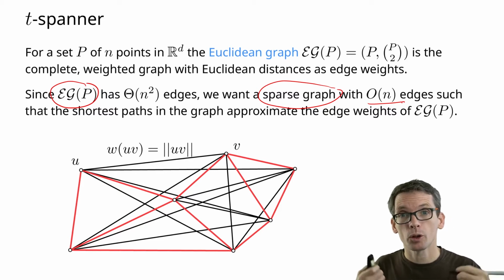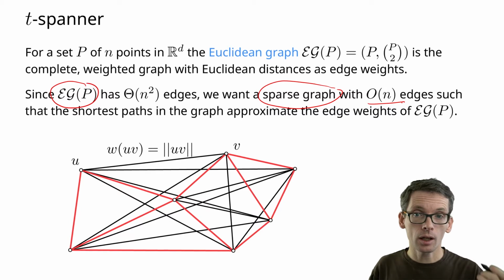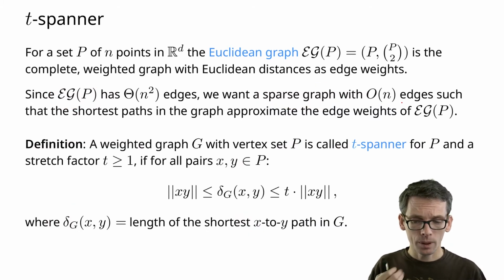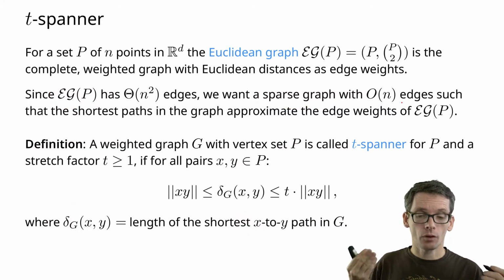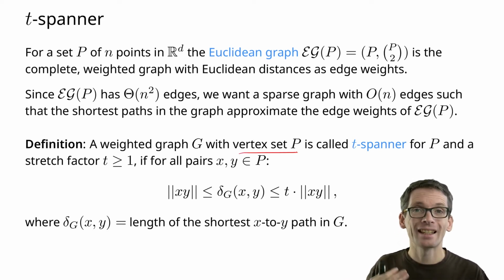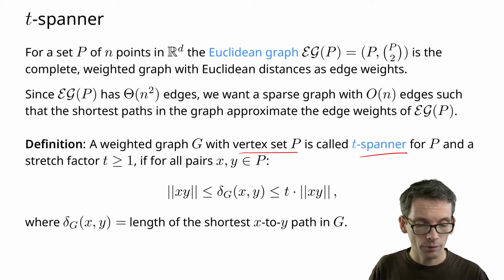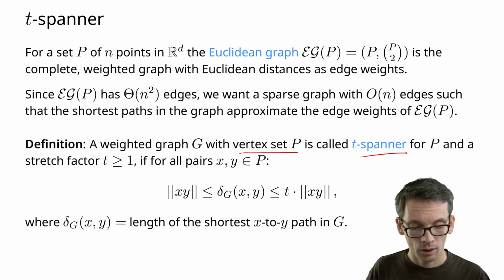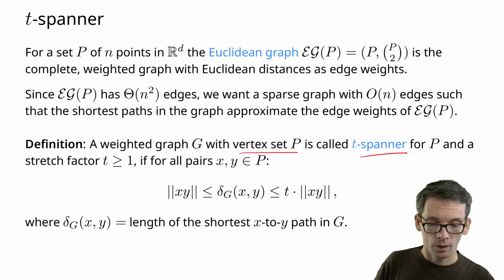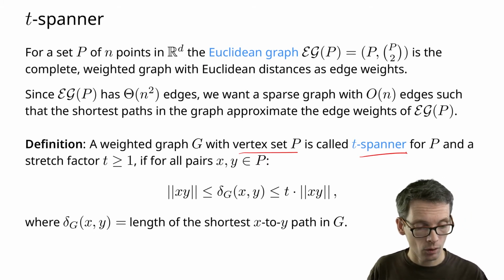And how well we want to approximate, that we express with this t. So we say that a weighted graph G on that vertex set is a T-spanner if it has a stretch factor or a dilation of at most t.